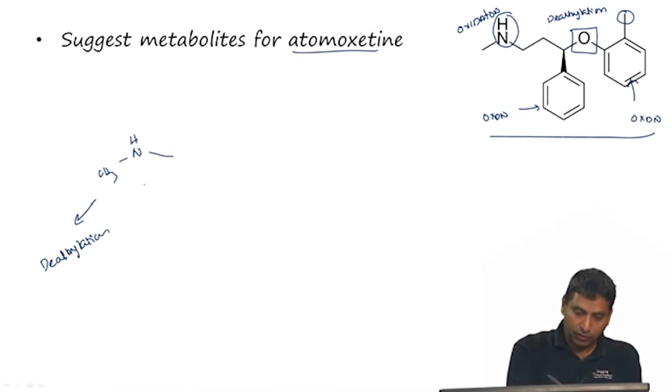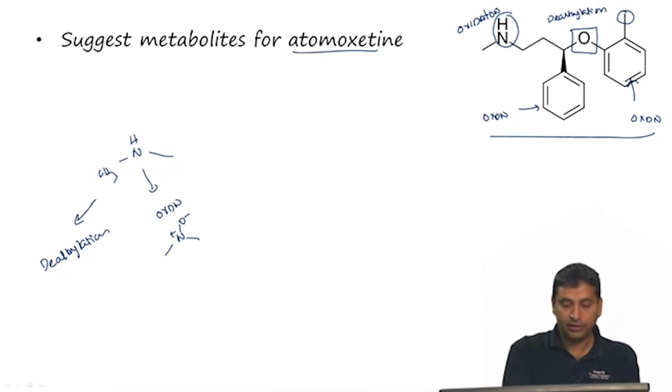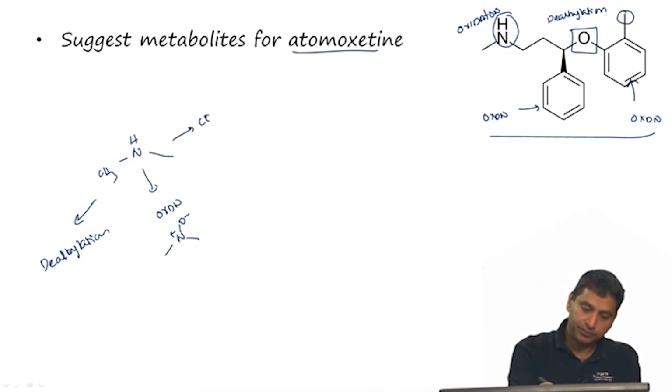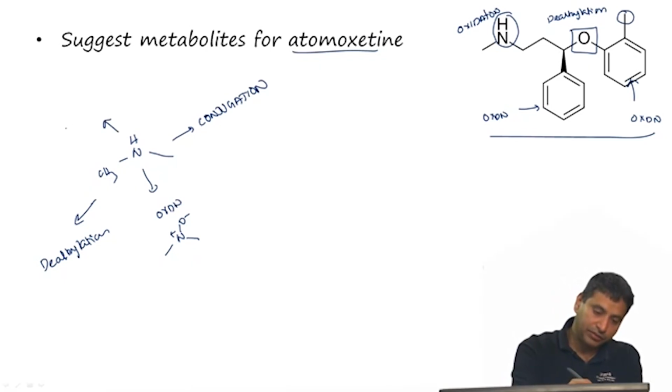You could also have oxidation. So, you will have N oxides being formed, right, or it is going to get further oxidized. Then you could have conjugation, that could occur, and lastly you could also have methylation.